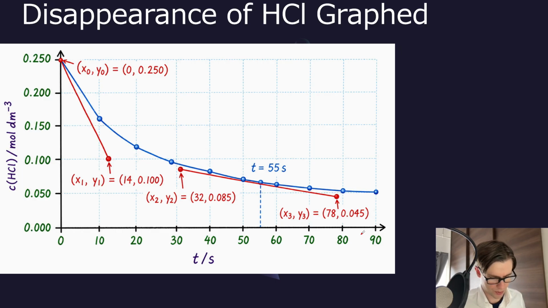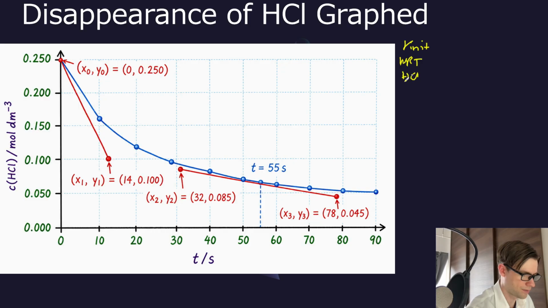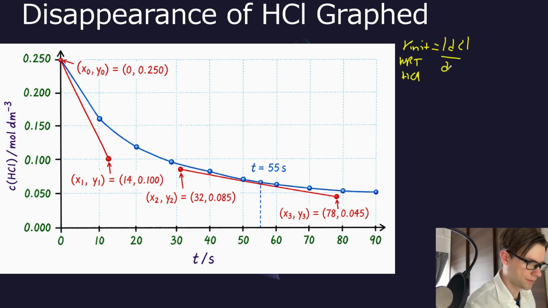Okay, so if we want to find the initial rate, let's not forget this is with respect to HCl. So this will be equal to the absolute value of dc dt, which we'll get from our tangent line.